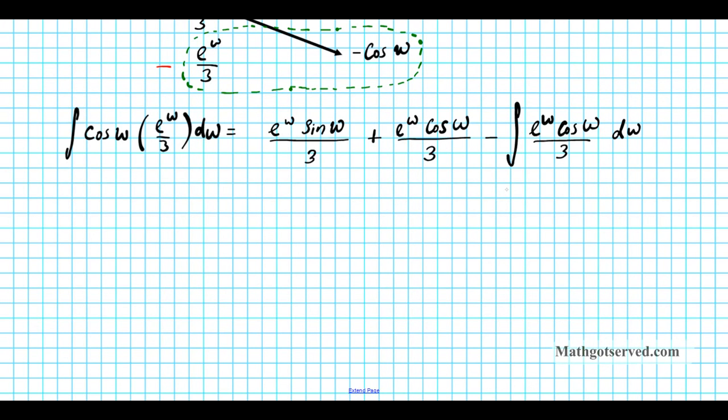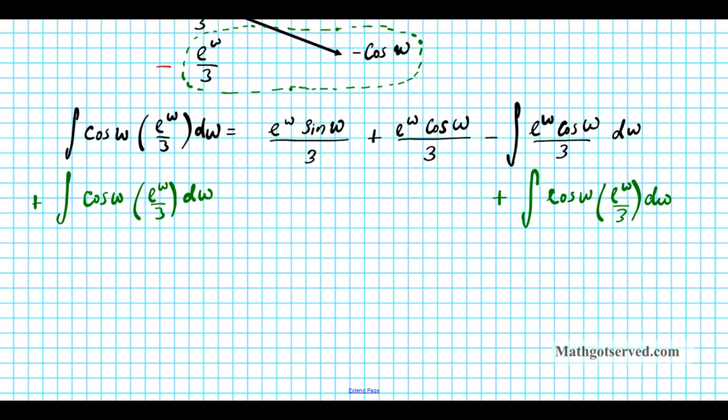So what we'll have here is we're going to add the integral. I can rewrite this as cosine w times e to the w over 3. Same thing. And then add it on here also. So the integral of cosine w times e to the w over 3 dw.